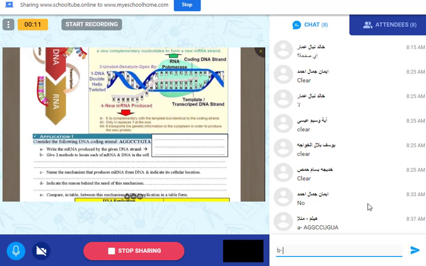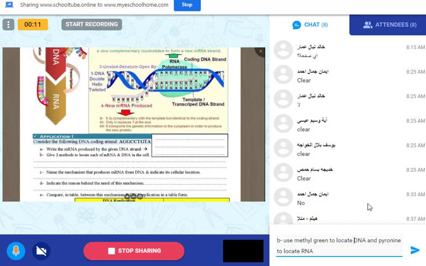To locate DNA, we add methyl green, and pyronine to locate RNA.